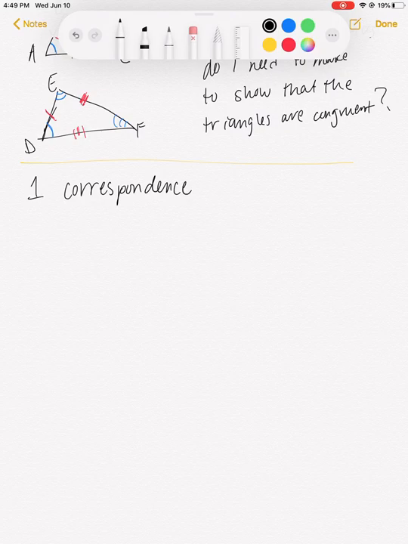Which means that if I can find a counterexample, meaning, is there another triangle that has the same correspondence as the first, but with varying the other 5 parts? Will I come up with another triangle? So let's go ahead and proceed. One correspondence. I can make a correspondence between any 2 angles and any 2 sides. Okay, so the possible correspondences are a side correspondence and an angle correspondence.